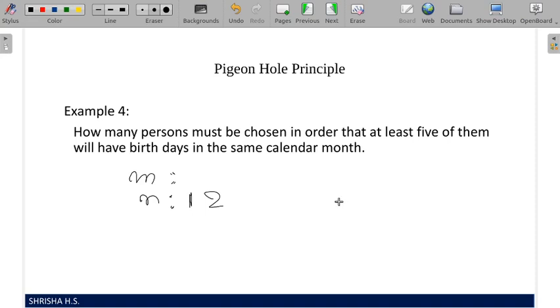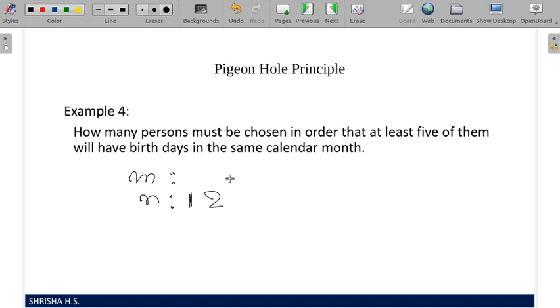So n equals 12. How many birthdays, or how many persons, do we want such that in the same calendar month we have at least five birthdays?